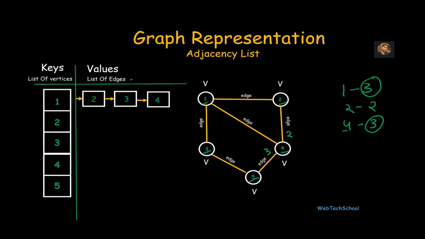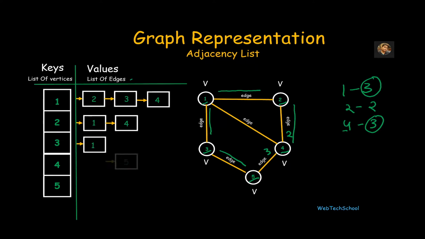The next vertex is 2. Vertex 2 has an edge with 1 and 4, so we'll create 2 nodes with 1 and 4. Now let's go to 3. 3 is connected to 1 and 5, so we'll create 2 nodes, 1, and at the end of node 1, we will add another linked list node 5.